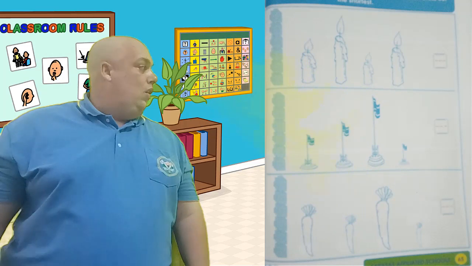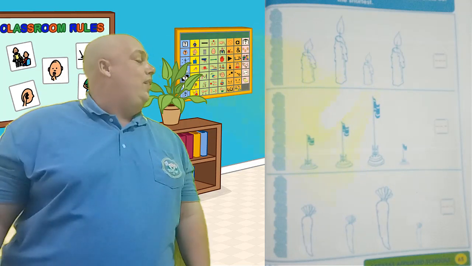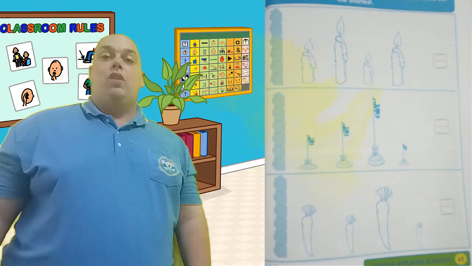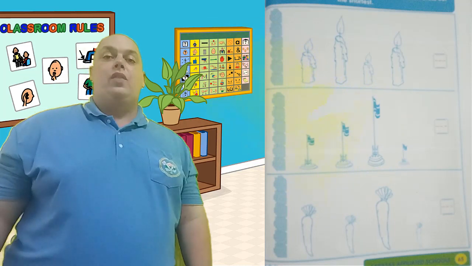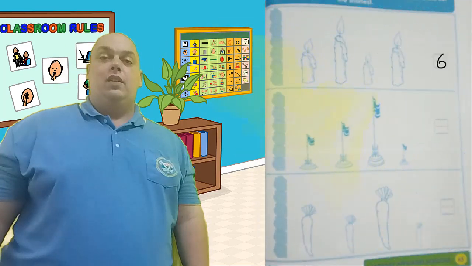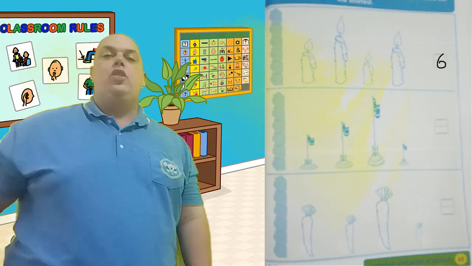Let's count. 1, 2, 3, 4, 5, 6. This candle is 6 blocks tall. Okay, so at the end, in the little box, we are going to write the number 6. Did you do it? Okay, very good.